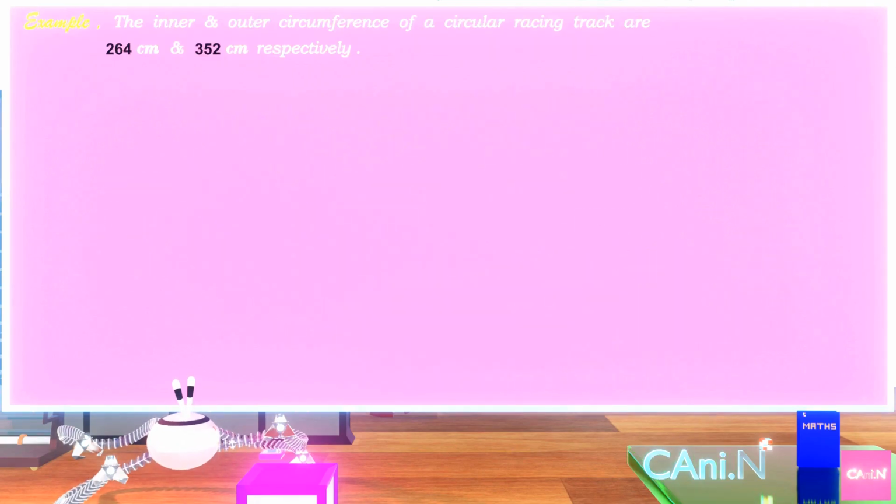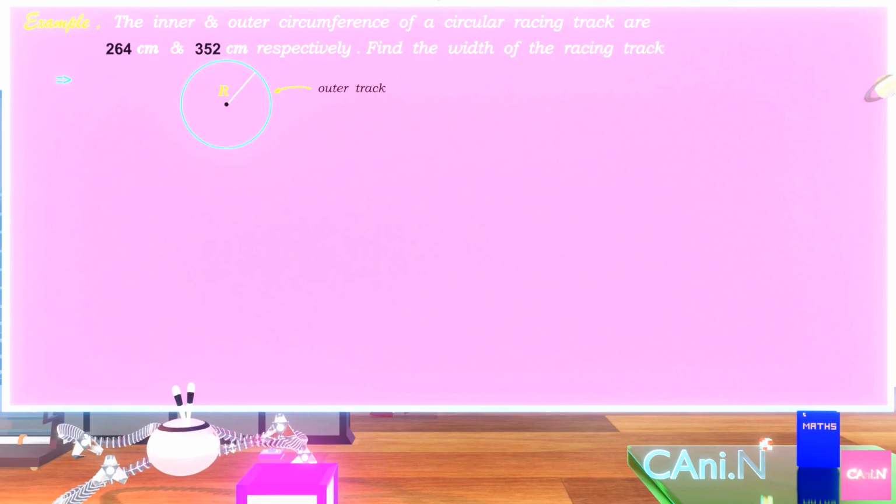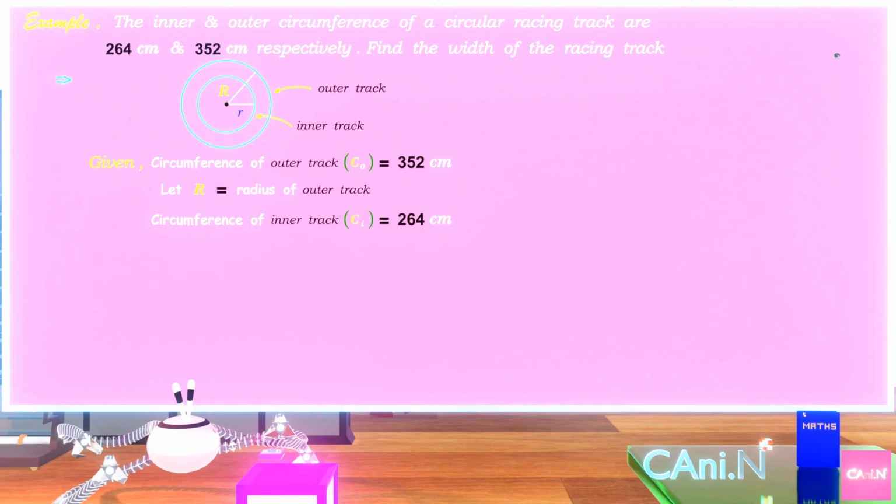The inner and outer circumference of a circular racing track are 264 centimeters and 352 centimeters respectively. Find the width of the racing track. Given, circumference of outer track equals 352 centimeters. Let r equals radius of outer track. Circumference of inner track equals 264 centimeters.